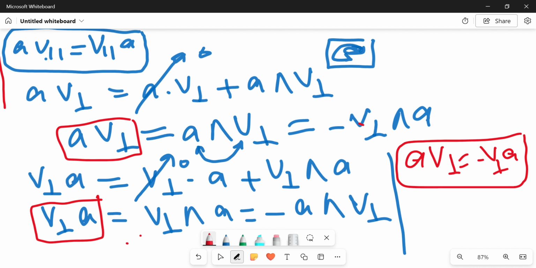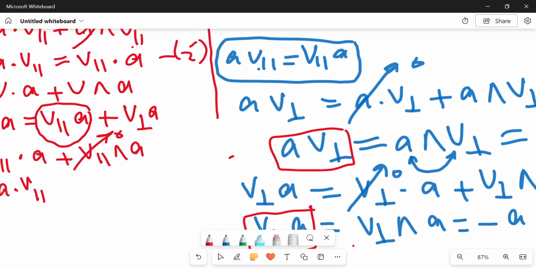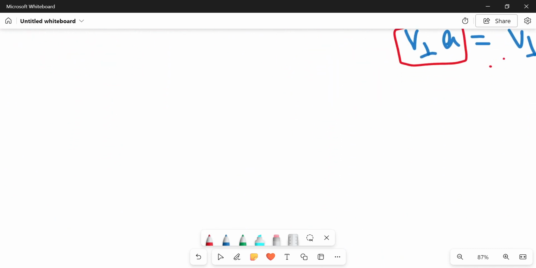The geometric product of A with the component of the vector parallel to it commutes: A V parallel equals V parallel A. While the geometric product of A V perpendicular anti-commutes. So let us see what we can arrive at from here.